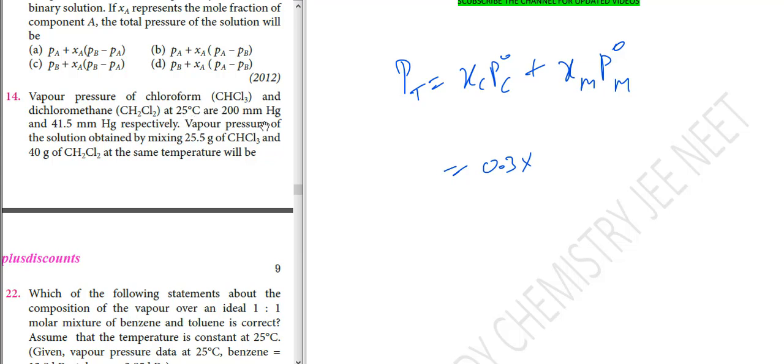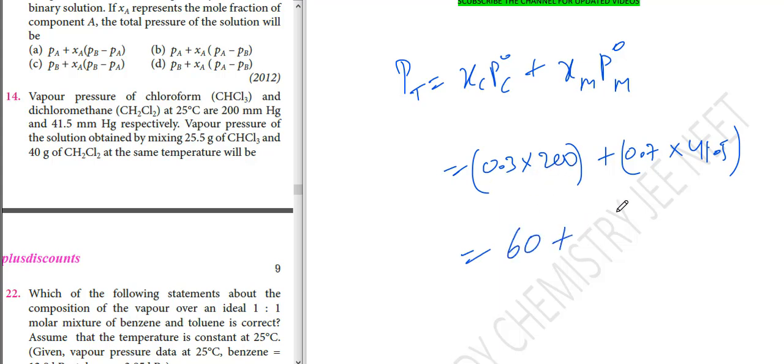Chloroform partial pressure is 200, plus the mole fraction of dichloromethane, that is 0.7, into 41.5, then 60 plus, so approximately 29, so 89.